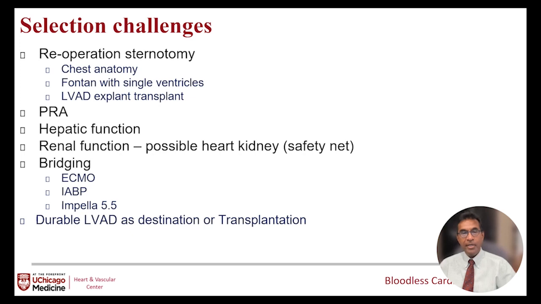Or LVAD explants or transplants. This again is a very difficult procedure to do without absolutely any blood products. We are selective in patients who have very high PRAs, hepatic dysfunction. We do not offer heart kidney transplants simultaneously, but now with safety net kidneys, we have started to offer a heart transplant and a delayed bloodless kidney transplant if needed.